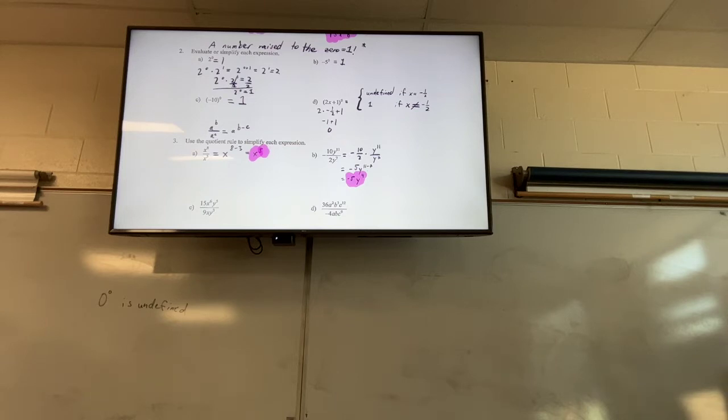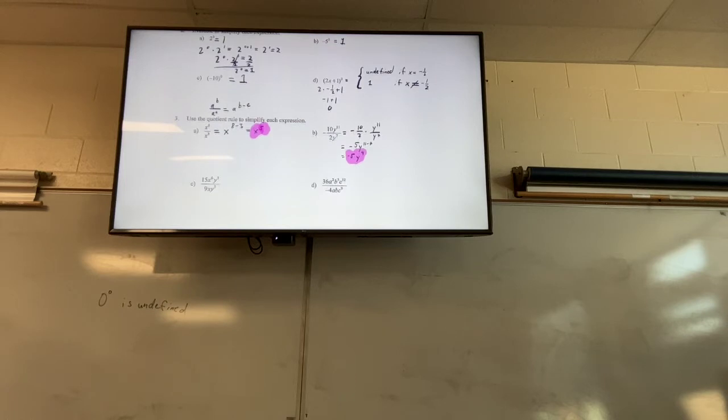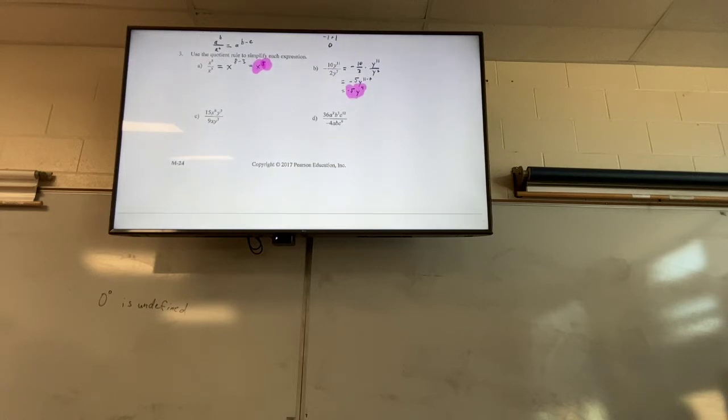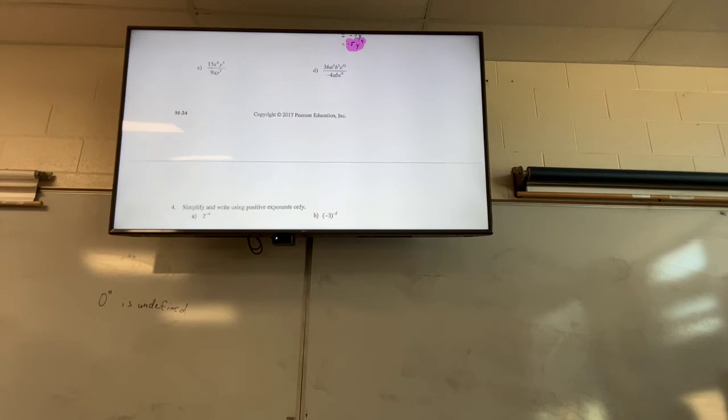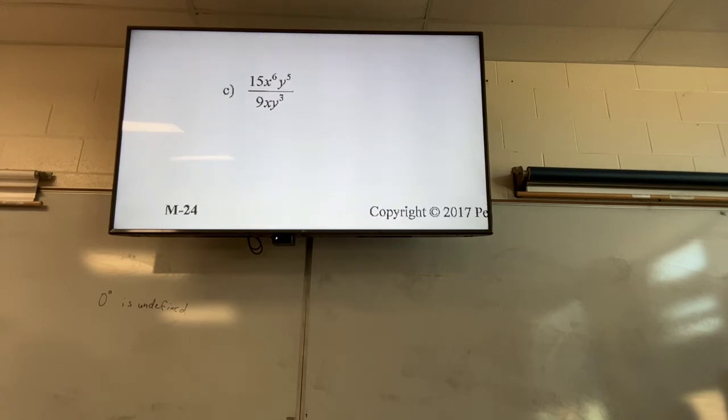C. I encourage you to write this as 15 over 9 times, let's put my x's together in one fraction, x to the 6 over x, times y to the 5th over y cubed. So the general rules we're using here are not too difficult. Where people are going to get these wrong is when there's just a lot going on in these problems and you get mixed up and make a mistake.